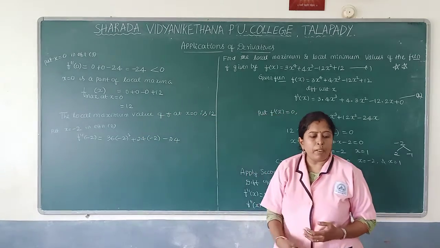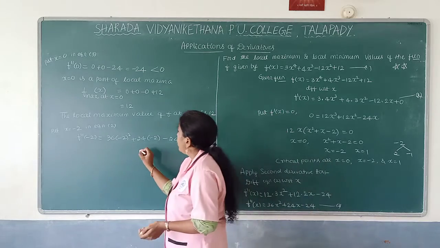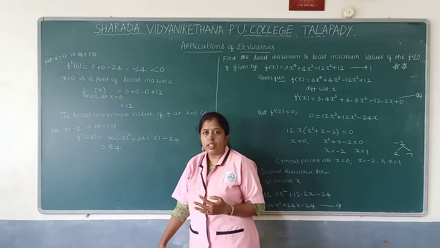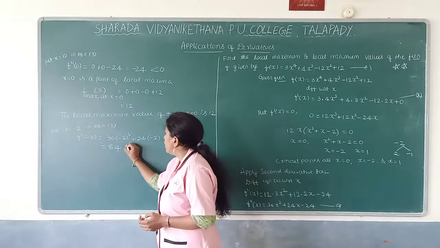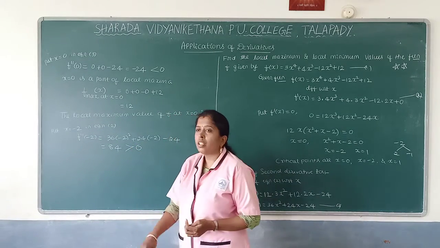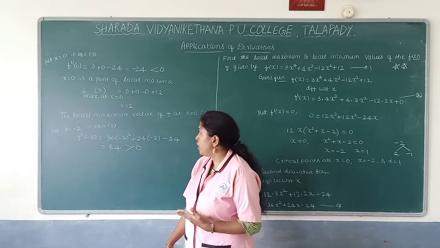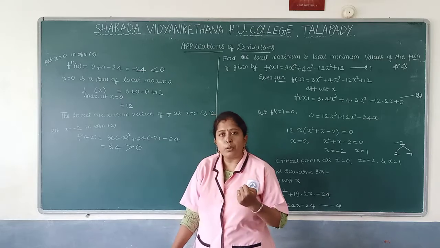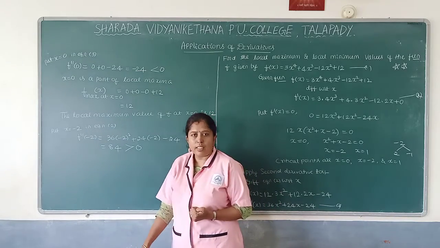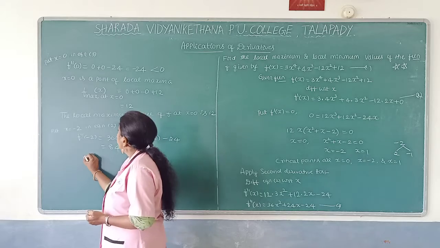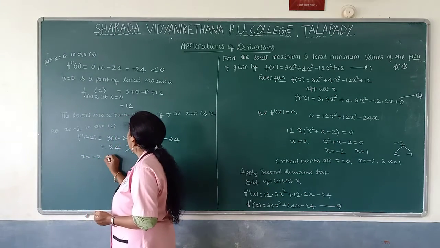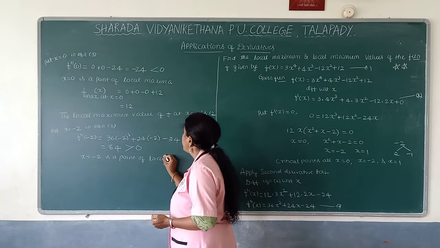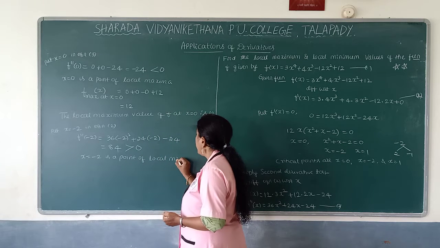Then we should simplify. We'll get 84. We get 84, which means after substituting the critical point, f double dash of minus 2 is positive. That's why we should mention greater than 0. If the second derivative value after substituting a critical point is greater than 0, then x is equal to minus 2 is a point of local minimum.